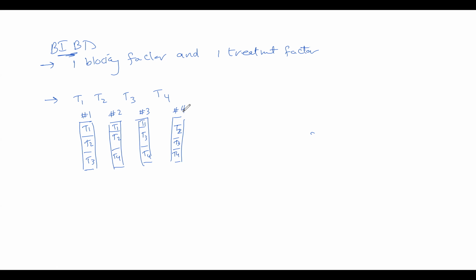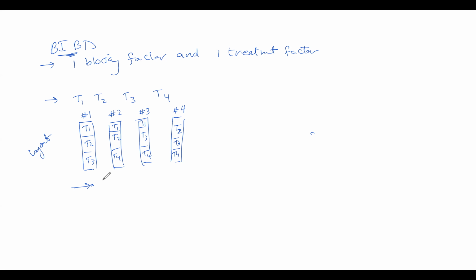To be balanced, there are 3 requirements to be satisfied. So this is the layout of having 4 treatments, 4 blocks, but each block is not big enough to test all the 4 treatments, can be used only to test the 3 treatments.